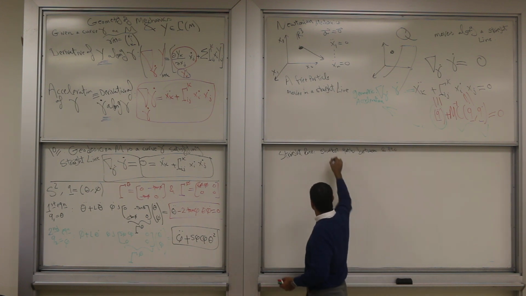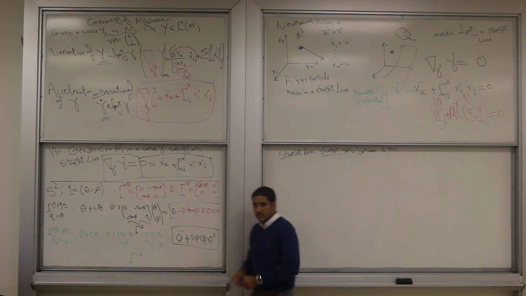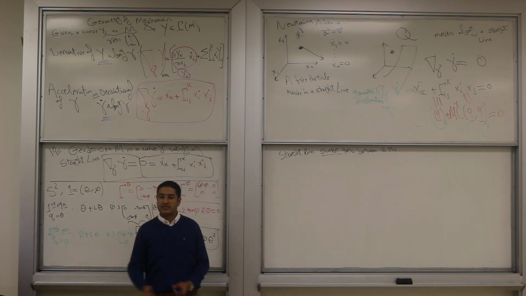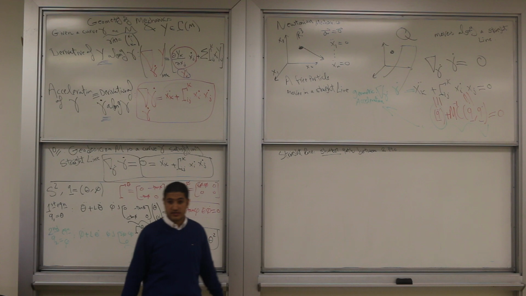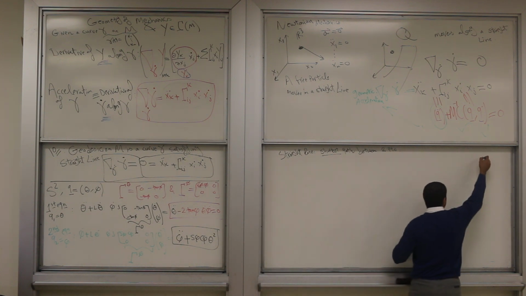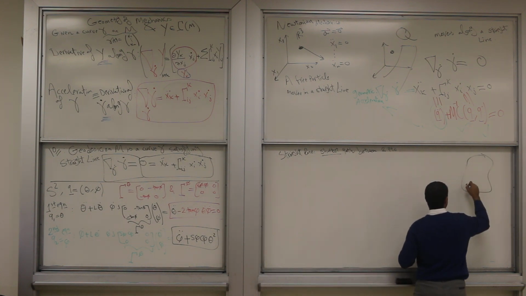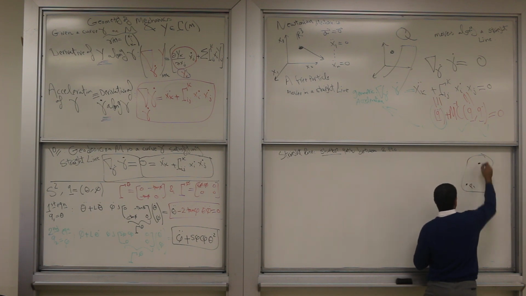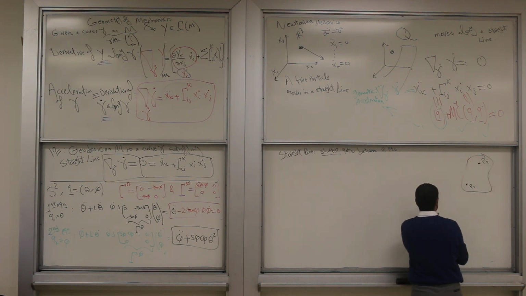Shortest path, shortest what? We need to measure distances or length of curves and get the curve of the minimum distance, right? The minimum length. So I have two points, here is your manifold. I have two points, I can connect these two points by infinitely many curves.